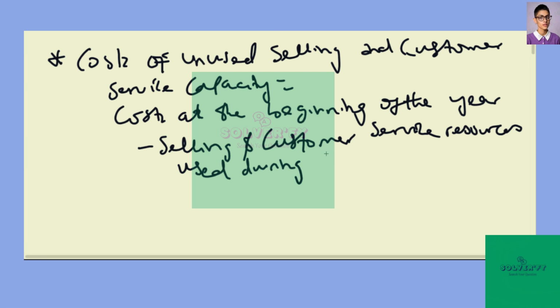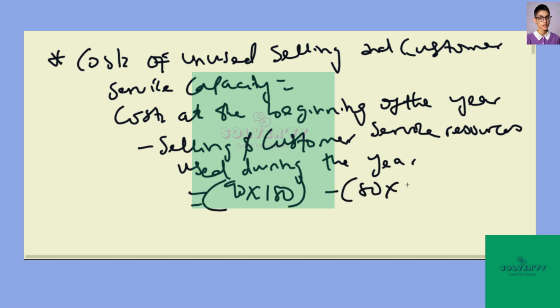So this is equal to 90 multiplied by $180 minus 80 multiplied by $180, and this is equal to $1,800. So that's that.